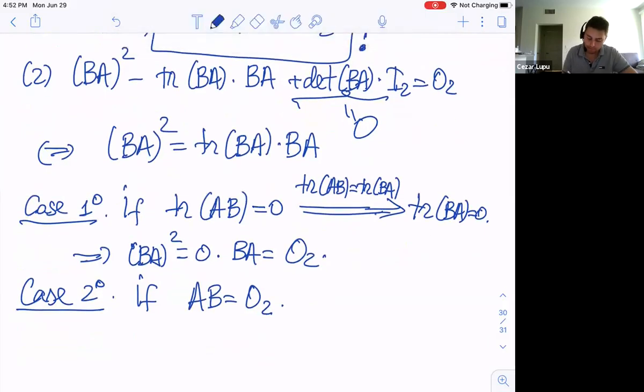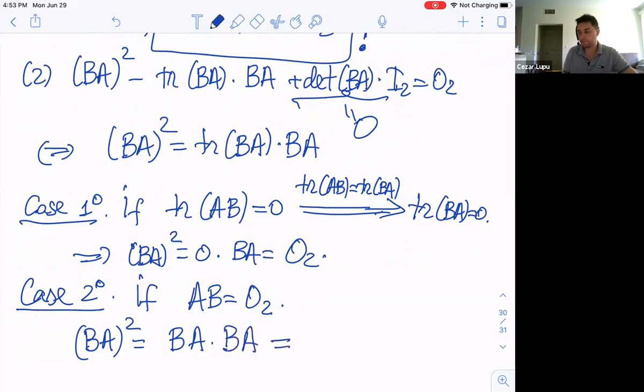We have that BA squared is BA times BA. In my notes I've done it a bit differently, but it doesn't matter, both methods are okay.